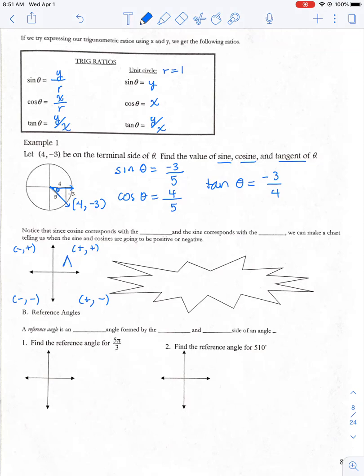So in this quadrant, I'm going to go ahead and write the letters out: A, S, T, C. And the acronym that you're going to use to remember that is: All Students Take Calculus. So the A, the S, the T, and the C, the first letters of all of the words in that acronym, simply stands for all trig functions.